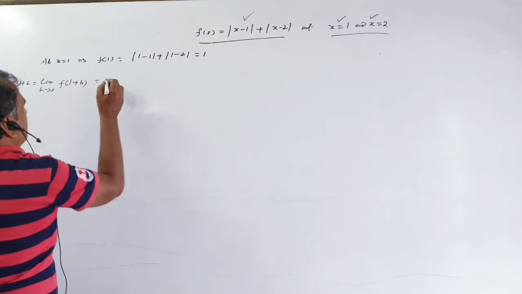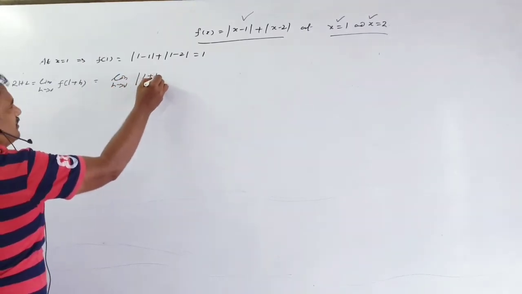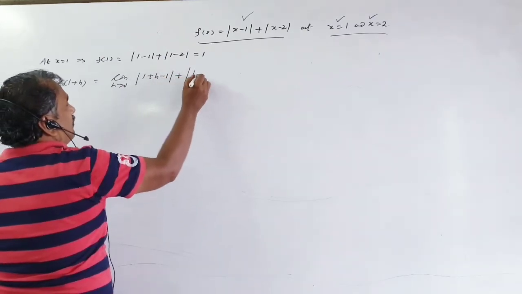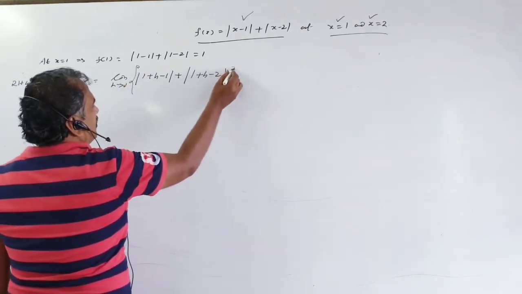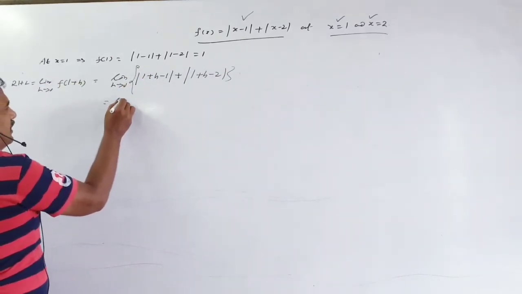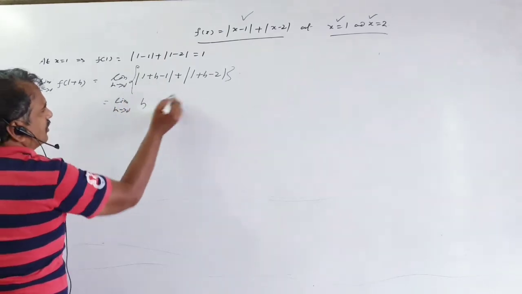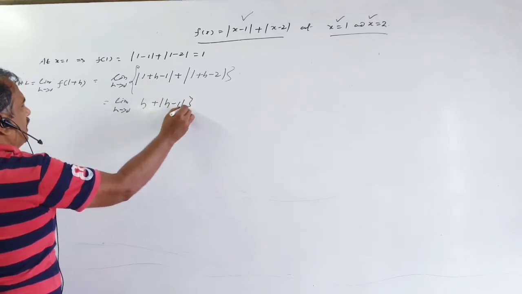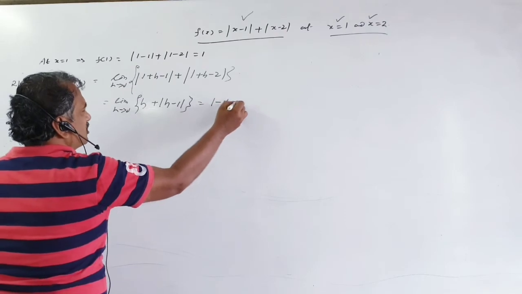So directly we can write limit h tends to 0, mod of 1 plus h minus 1 plus mod of 1 plus h minus 2, or this part equal to limit h tends to 0, here h plus 1 minus 1 cancel out, so mod of h plus mod of 2h minus 1.